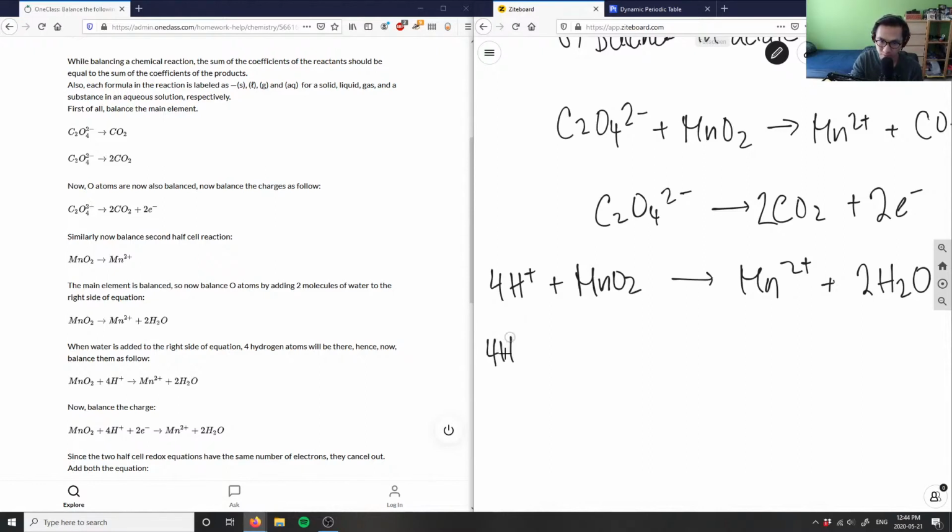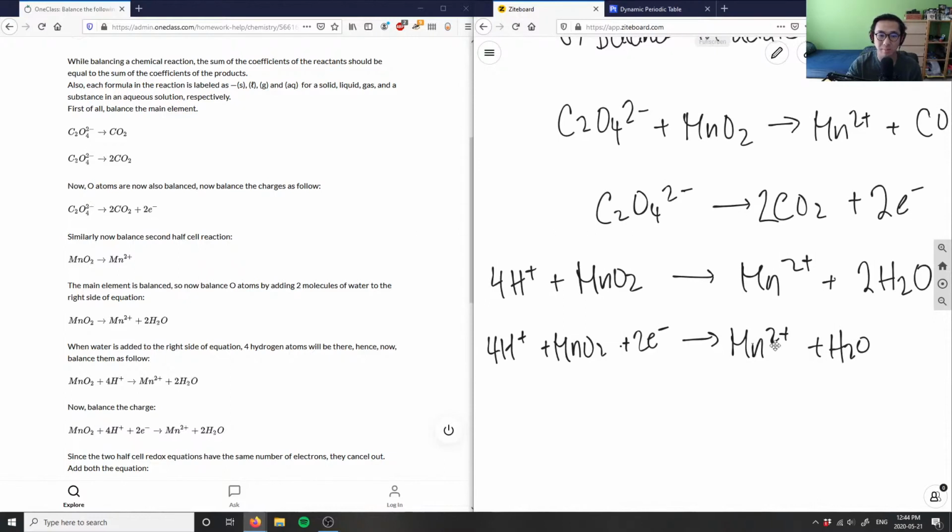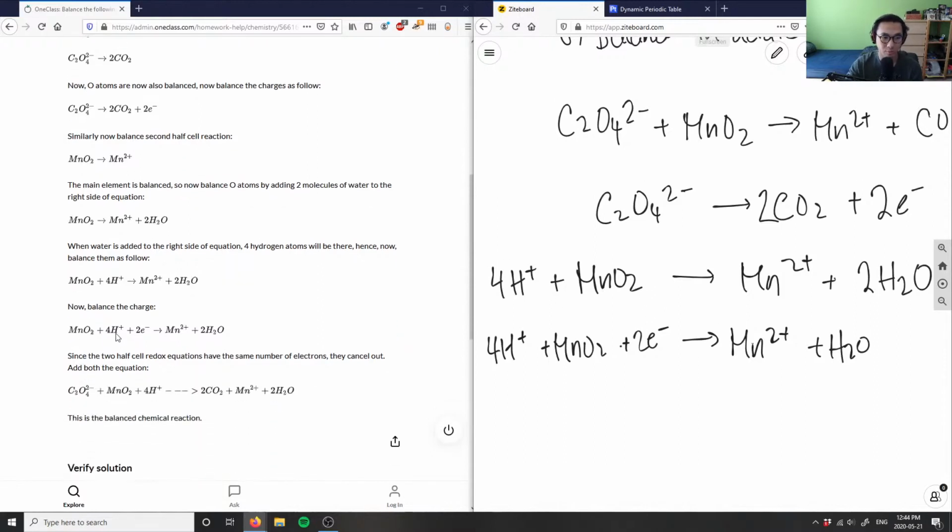So 4H plus MnO2 plus 2 electrons is going to yield Mn2 plus 2H2O. So this here is my balanced half reaction for this compound. That's what they did here, right? MnO2 plus 4H plus plus 2 electrons is equal to that.